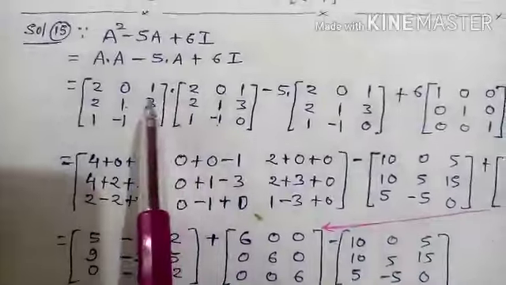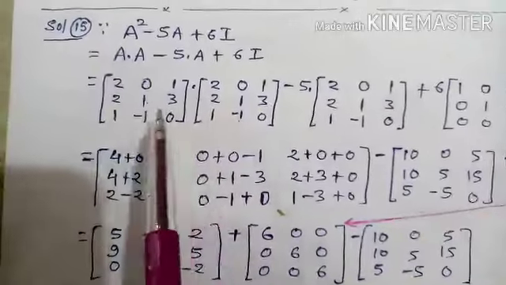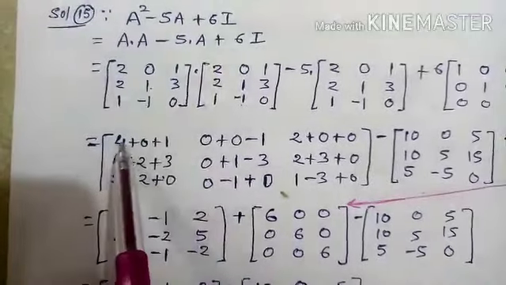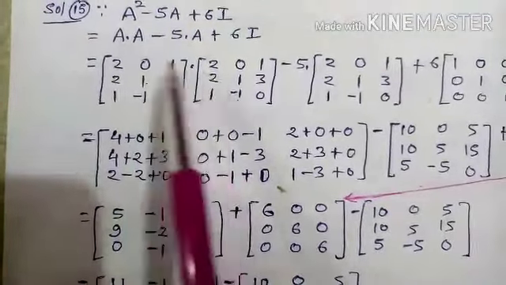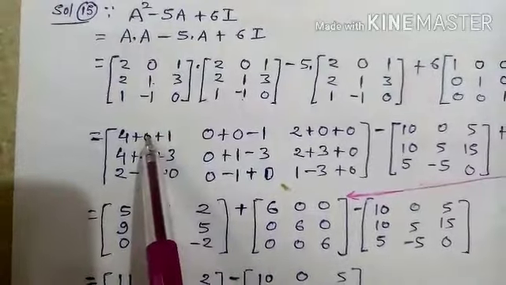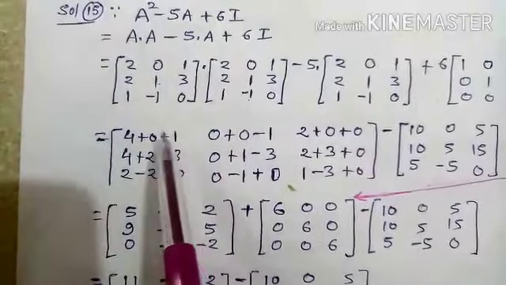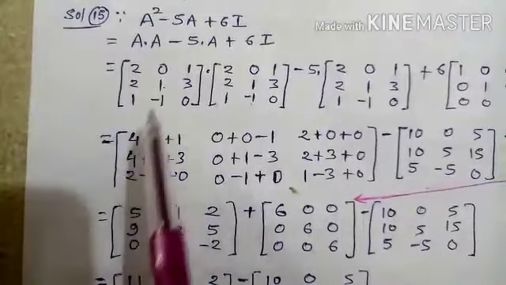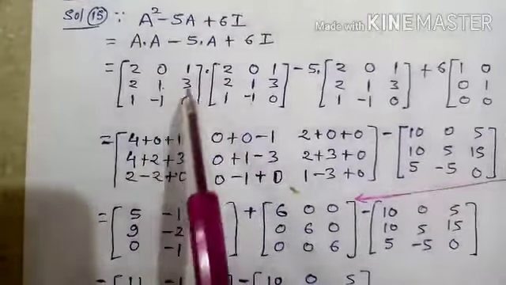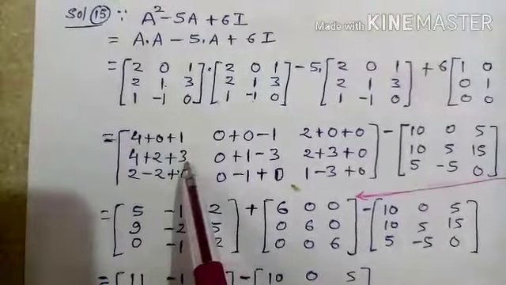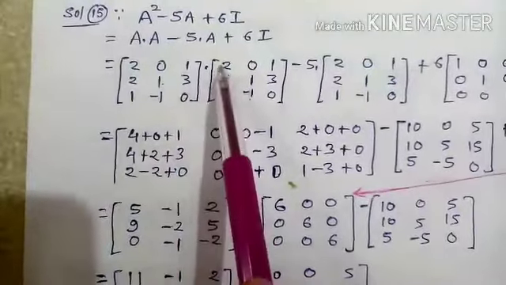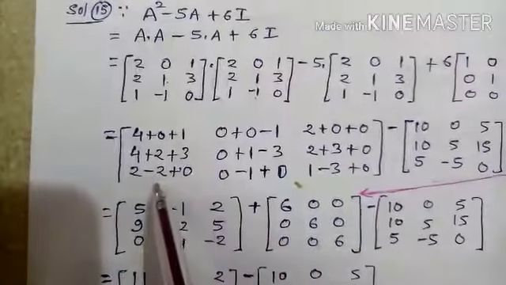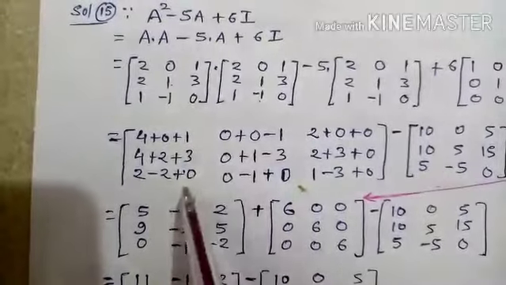Now next step, find the product of these two matrices. First row, first column: 2 into 2 is 4, 0 into 2 is 0, and 1 into 1 is 1. Second row, first column: 2 into 2 is 4, 1 into 2 is 2, and 3 into 1 is 3. Third row, first column: 1 into 2 is 2, −1 into 2 is −2, and 0 into 1 is 0.